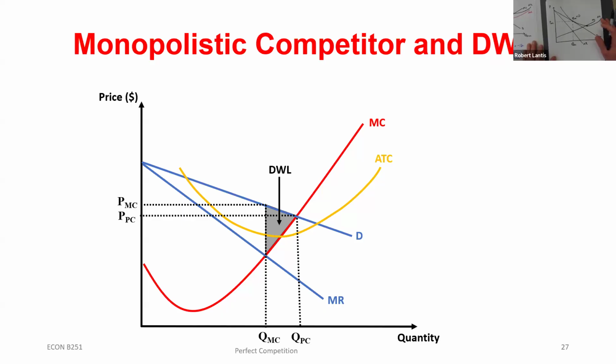So if this is the case, let's start to think now about what happens to the surplus in the market because it's not perfectly competitive. Perfectly competitive is like our ideal scenario for society, which is where total surplus should be maximized. So let's think through what consumer surplus would be under this monopolistically competitive market.